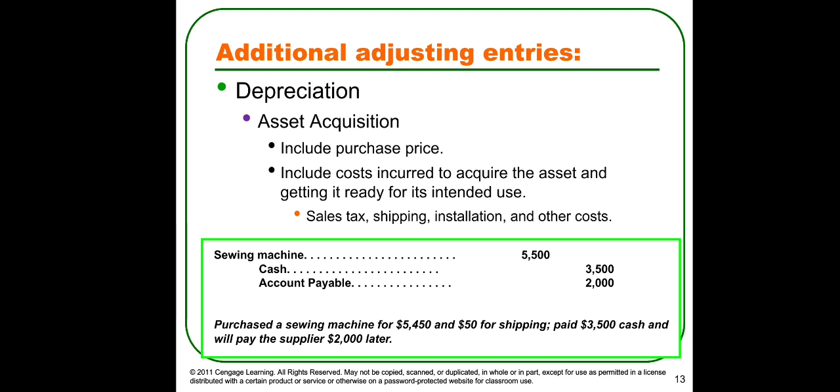So that's why when you record the sewing machine in your account, you have to debit the sewing machine $5,500, not $5,450, but it is $5,500, the price of the machine plus the shipping cost. Why do you debit the account? Because asset increase, you debit. The sewing machine asset has increased from 0 to an amount, which is 5,500.